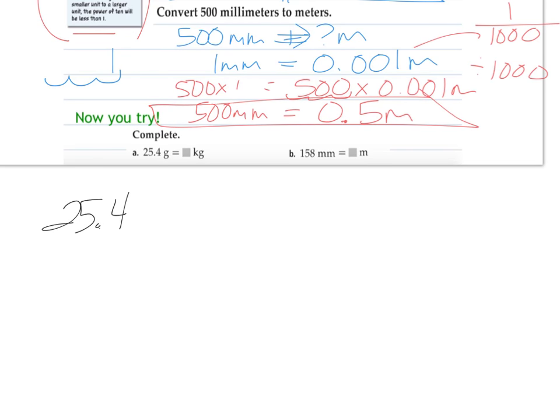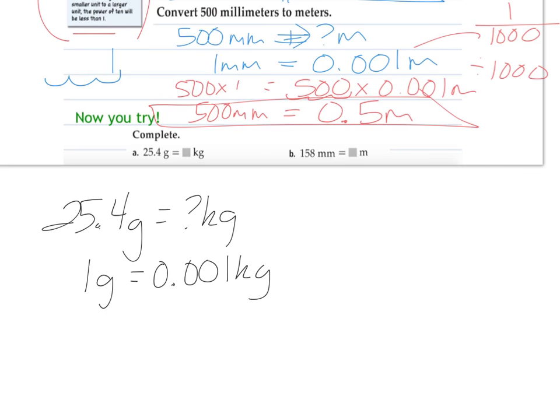25 4/10 of a gram is equal to how many kilograms? Well, 1 gram is equal to 1,000th of a kilogram, because again, on that chart, I'd have to go to the left 3 places to get to kilogram, so think about it that way.